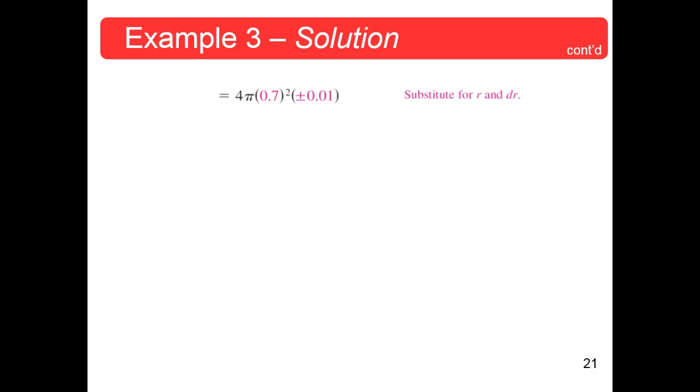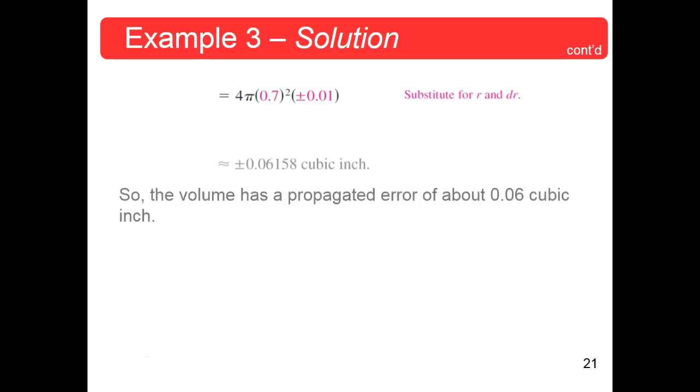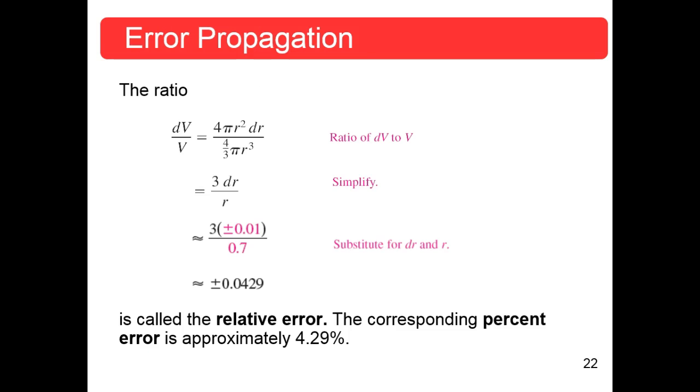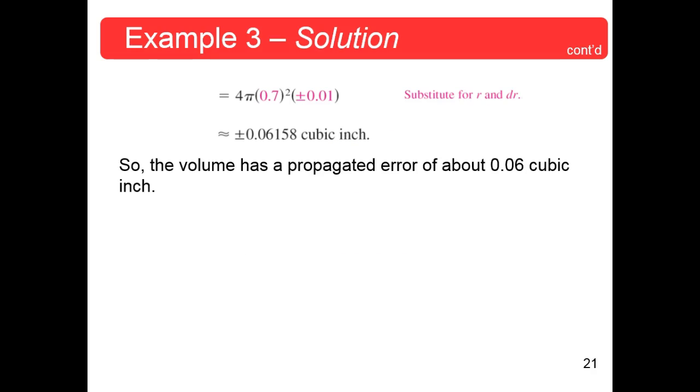They put in the plus or minus here. We hadn't before. So that's plus or minus 0.06158 cubic inch. So the volume has a propagated error of about 0.06 cubic inch, which is what we got when we actually did this. Now they didn't say do this, but they're doing it.